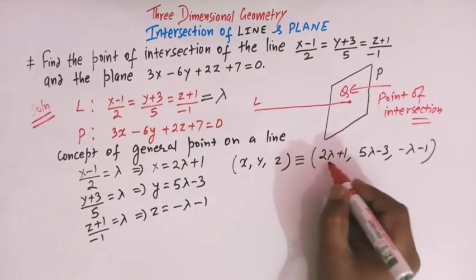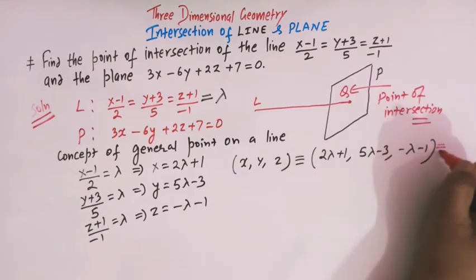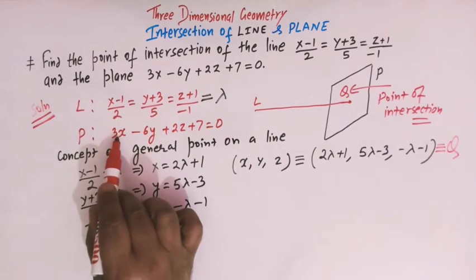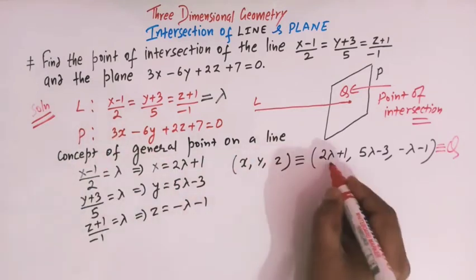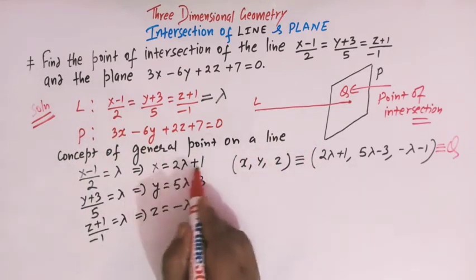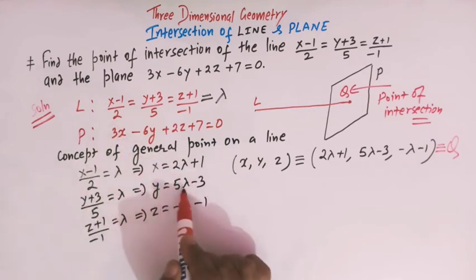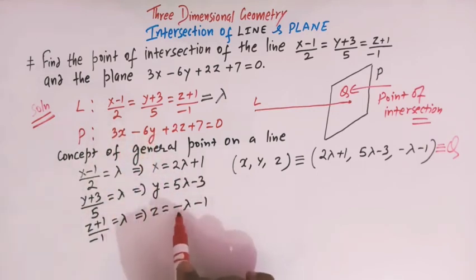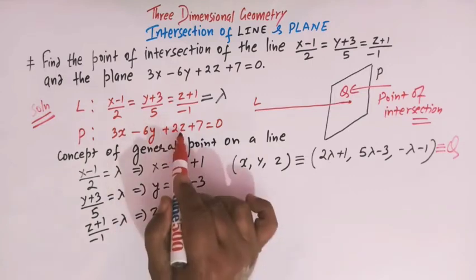For some value of lambda we are taking this as the point Q, so this point must satisfy this equation. Now we take x is equal to 2 lambda plus 1, y is equal to 5 lambda minus 3, and z is equal to minus lambda minus 1.